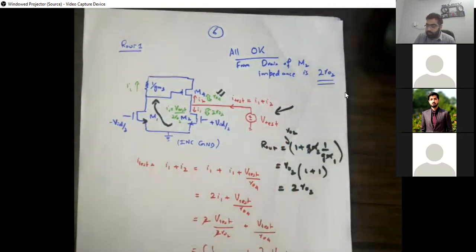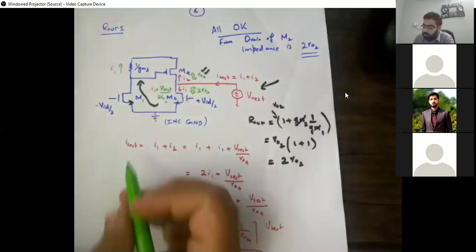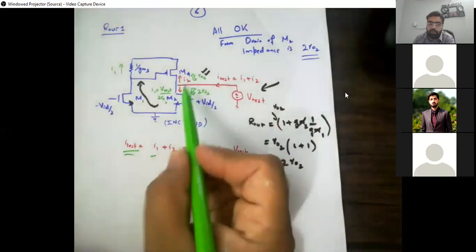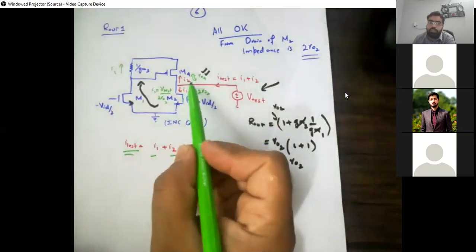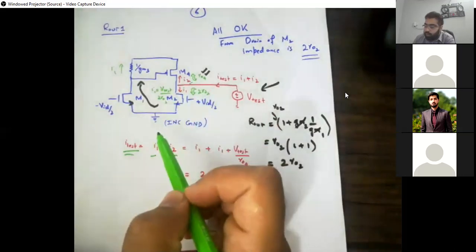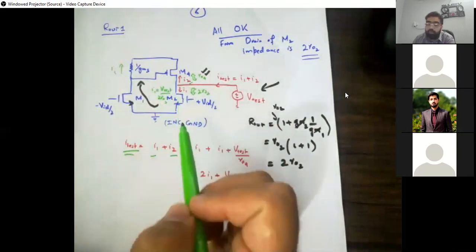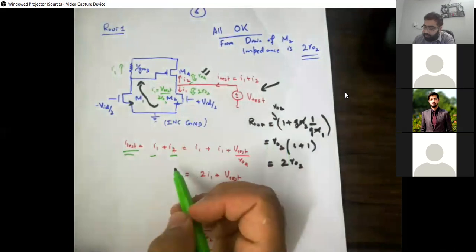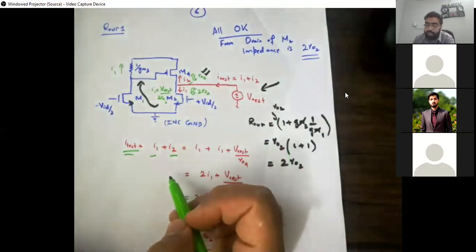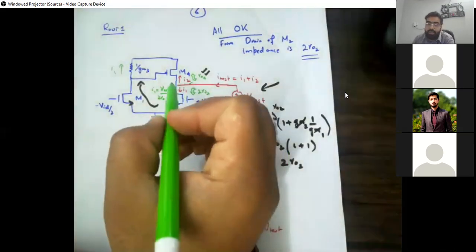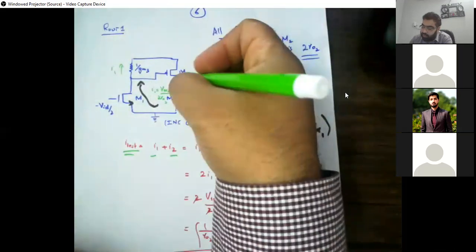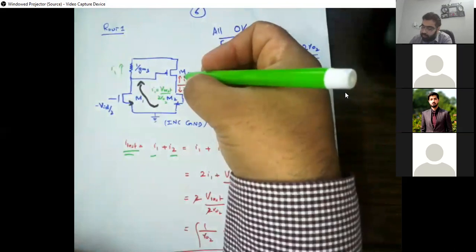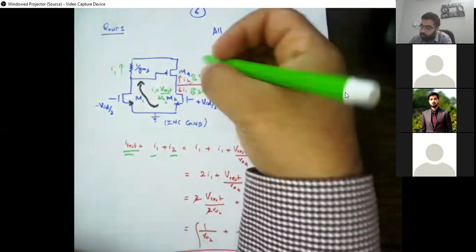So if we do a little bit of analysis, I test is equal to I1 plus I2, which you can also see in this configuration. This is the I2, which is the current moving from the M4, and I1 is the current moving in the direction of I2. But if we look a little bit carefully, I2 is basically a combination of the voltage at this point, meaning V test by RO4.